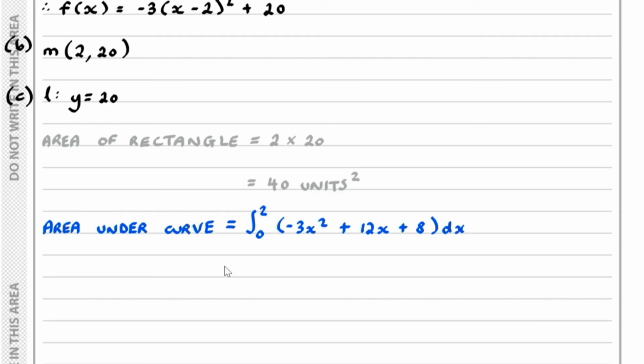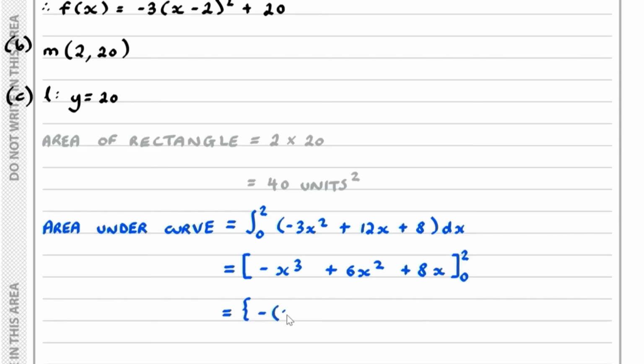So if we integrate this, of course we add 1 to the power, divide by the new power. We've got minus x cubed plus 6x squared plus 8x, and this will be evaluated between 0 and 2.